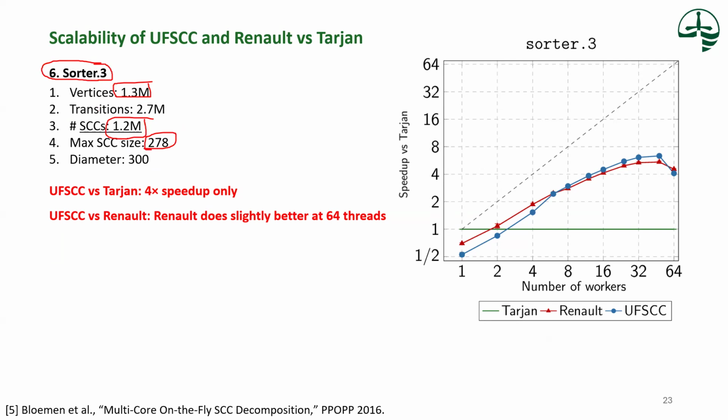So in that case, UFSCC will see overhead, because compared to Reynolds, UFSCC could merge the SCCs, partially explored SCCs, right? But in this case, because we have small tiny SCCs, Reynolds can actually work better than UFSCC.